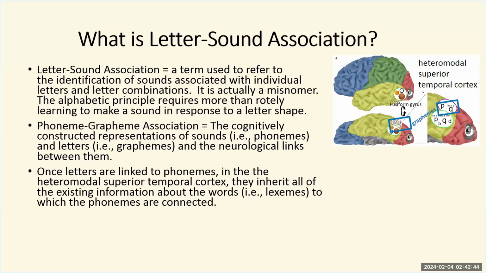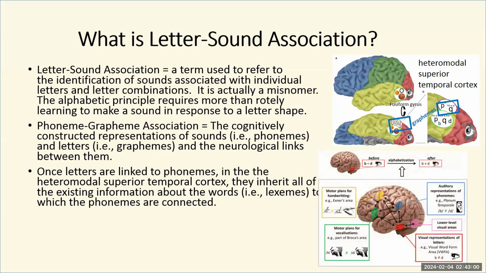All right, so now they are meaningful and they make a difference. So P and Q are now seen as completely different symbols. As graphemes, they are linked to words. Now they inherit all of the existing information about the words or lexemes to which the phonemes are connected.